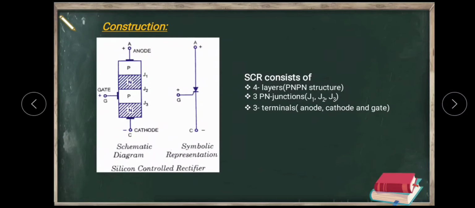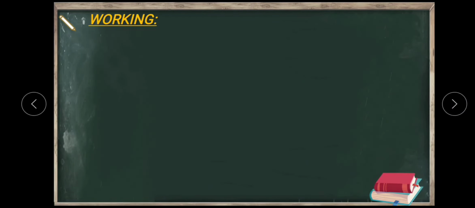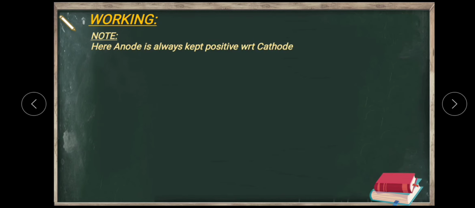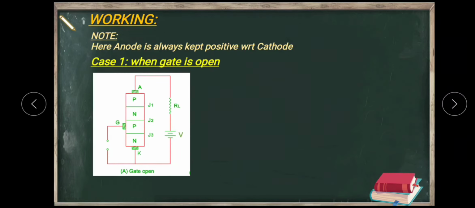When the gate is open, junctions J1 and J3 are forward biased and J2 is reverse biased. When J2 is reverse biased, it looks like an NPN transistor with open base. When the base is 0, as we already studied, no current flows through the NPN transistor.